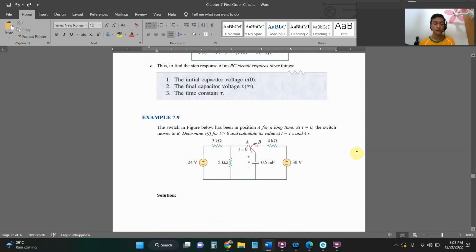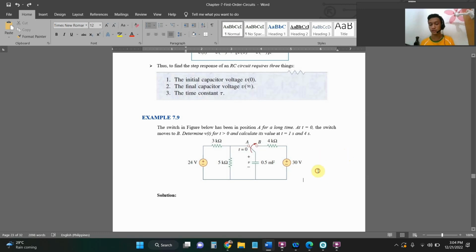Say, for example, in example 7.9, the switch in the figure below has been in position A for a long time. At time t equals 0, the switch moves to B. Determine V for t greater than 0, and calculate its value at t equals 1 second and 4 seconds.